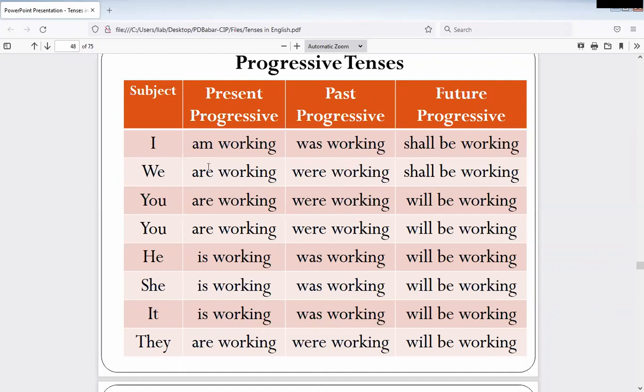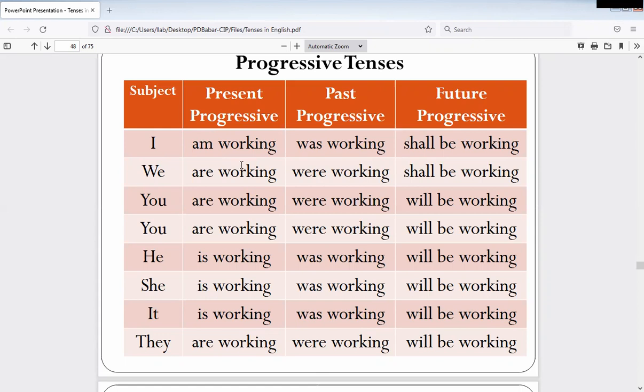So this is the chart. Let's start with the first one. I am working. In the present progressive, we will say I am working. In the past progressive, what can we say? I was working. मी काम करत होतो.